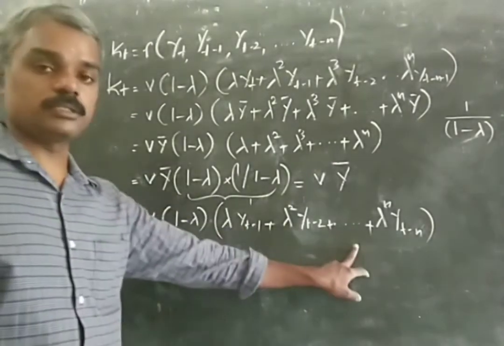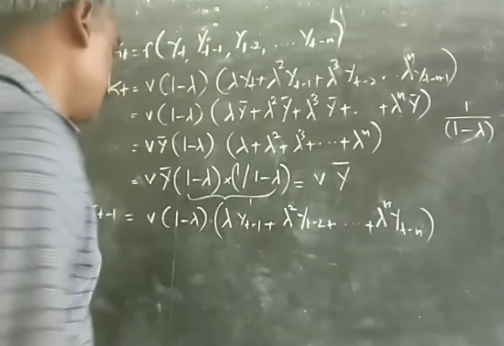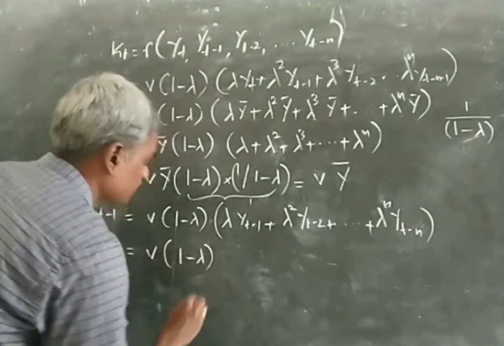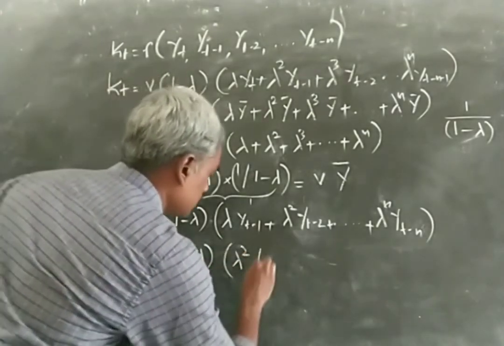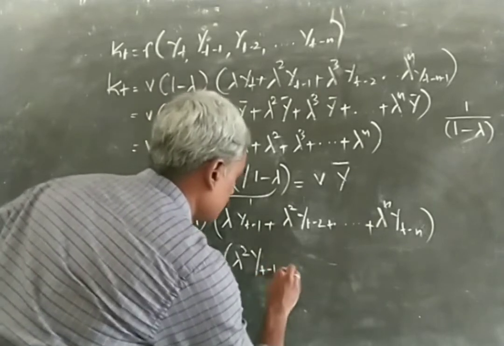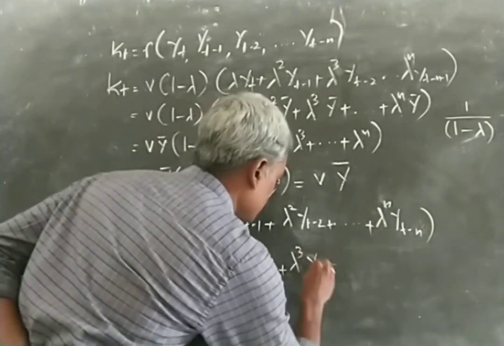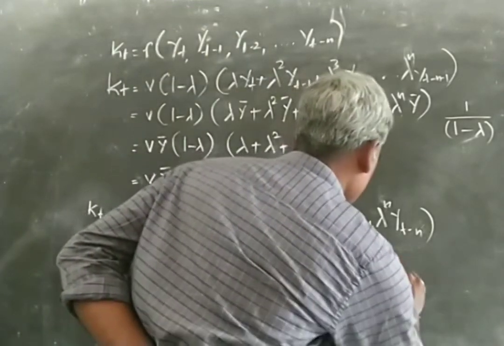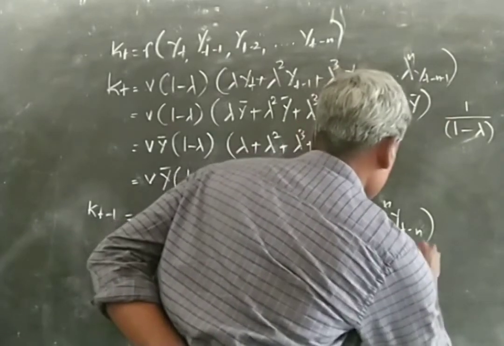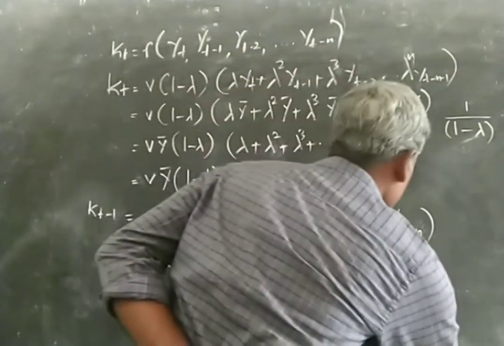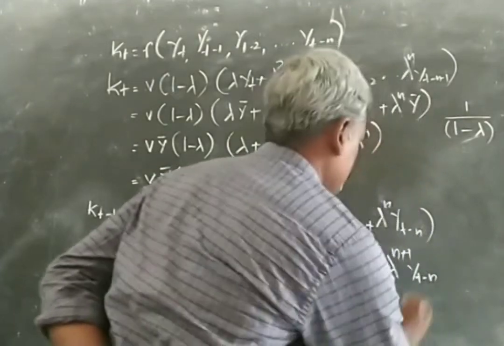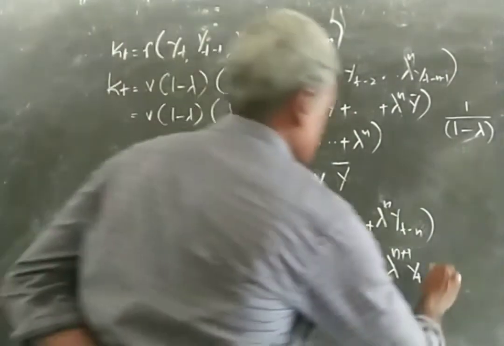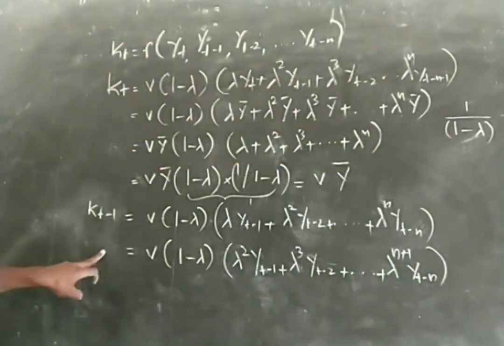Now we are multiplying this term, previous year's capital stock, with the lambda, and the equation again changes form to nu into 1 minus lambda into lambda square yt minus 1 plus lambda cube yt minus 2 plus up to lambda raised to n plus 1 into yt minus n. Okay, so this is the new term for KT minus 1.